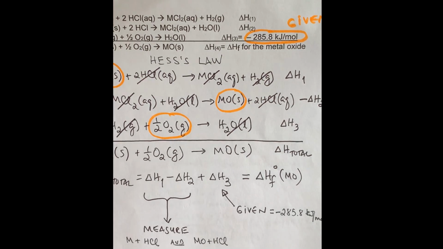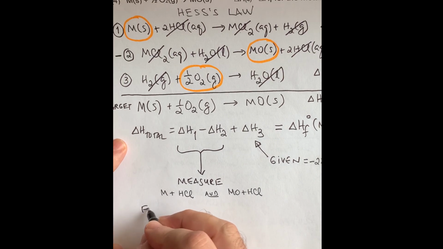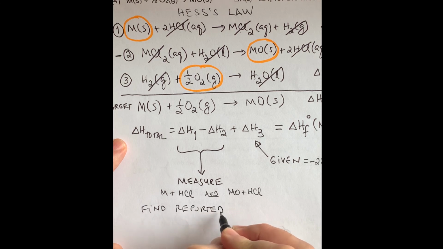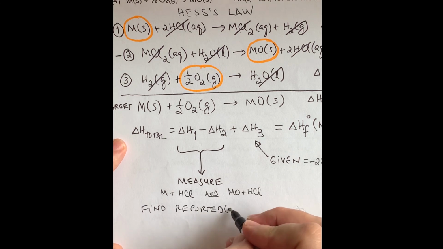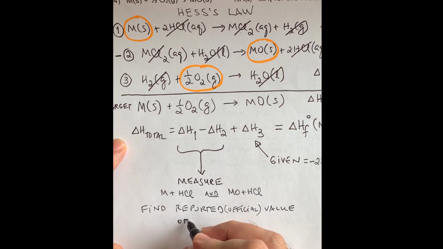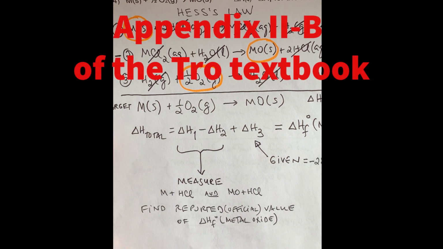Now, what you will do after that is you're going to have to look up and find out what is the reported, or let's say official, value of this enthalpy of formation of your metal oxide. And you can do that, for example, in the appendix of your textbook, or you can simply Google it.